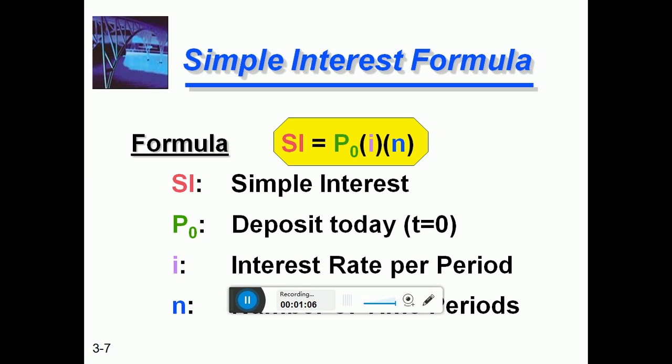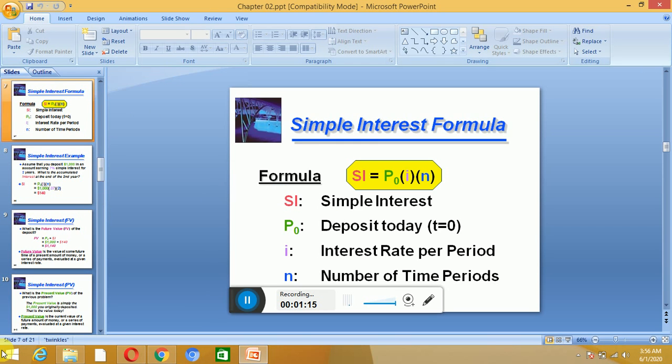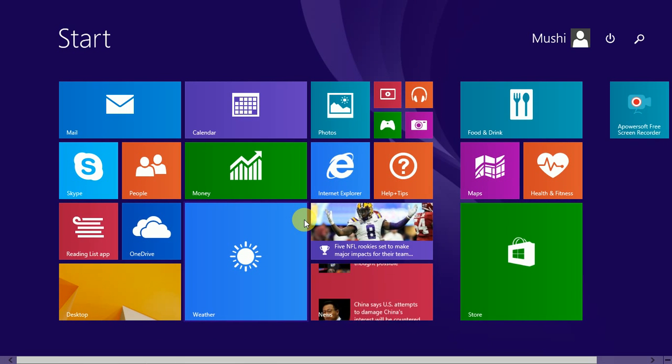So today we are going to discuss the simple interest formula, that is, how to calculate simple interest.